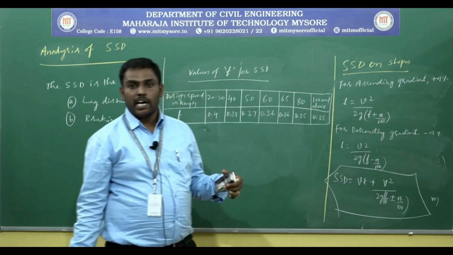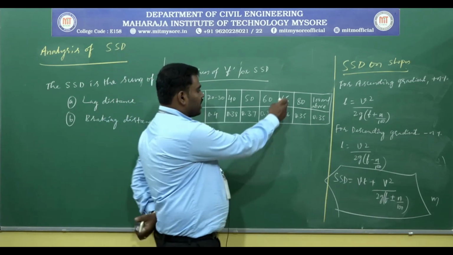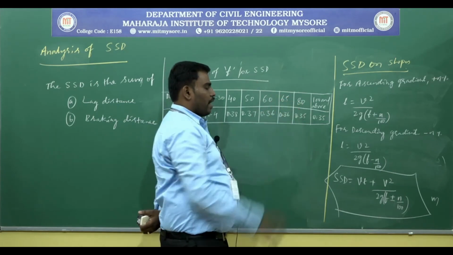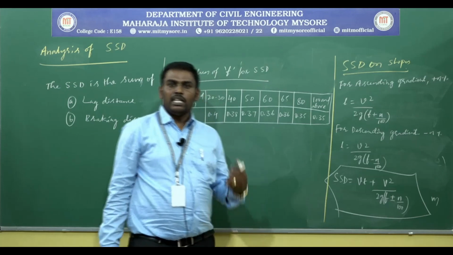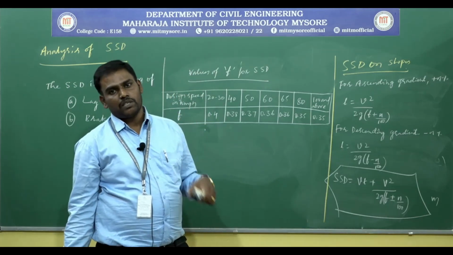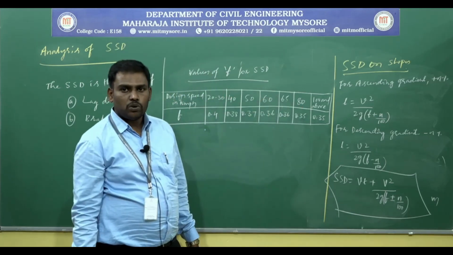Suppose the design speed is in between two values, for example for 60 it is 0.36 and for 80 it is 0.35. If they give 70 km per hour or 75 km per hour, then you have to do the interpolation between those two values.